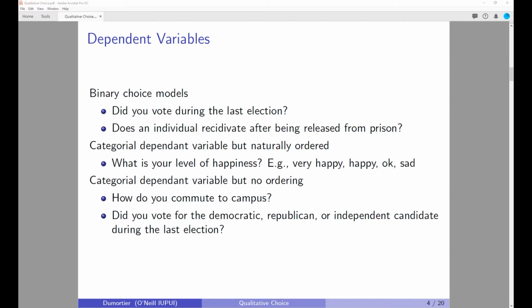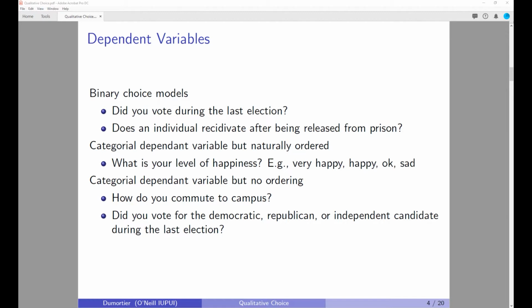In this lecture, we are going to expand on this concept to more than two categories. In the first part, we are going to look at what are called ordered logit models, when the dependent variable can be naturally ordered. For example, you can ask a person how happy they are, and they can tell you that they're either sad, okay, happy, or very happy.